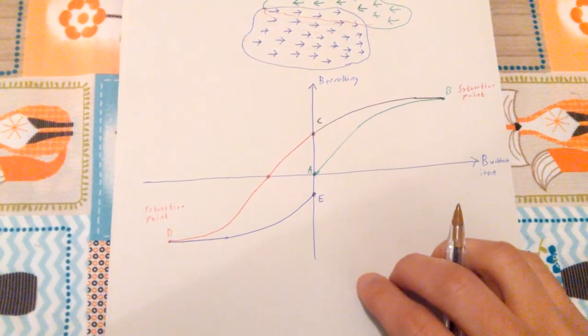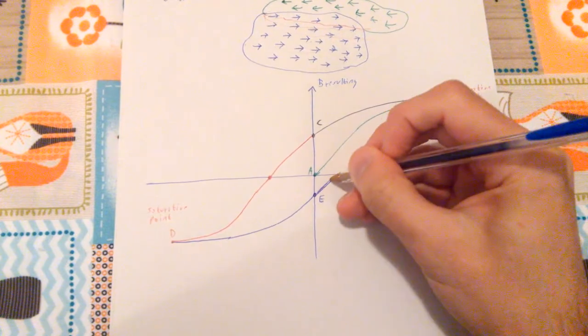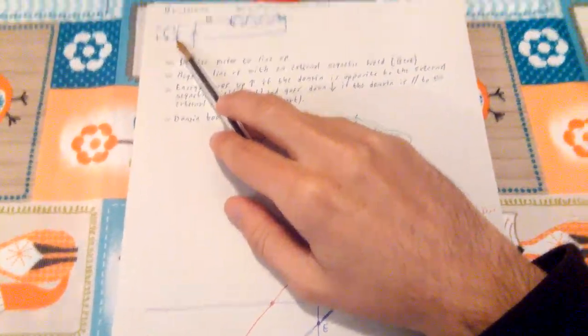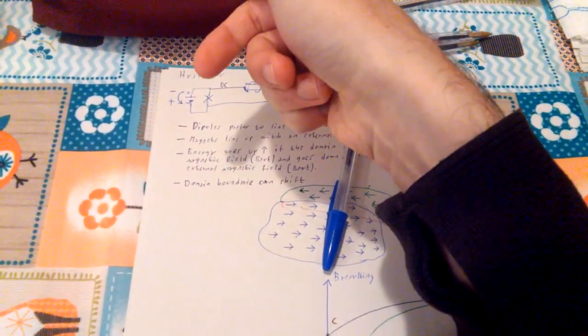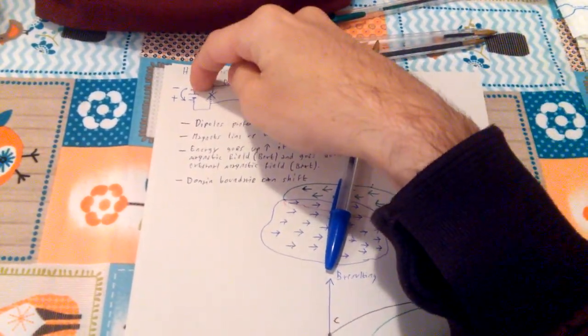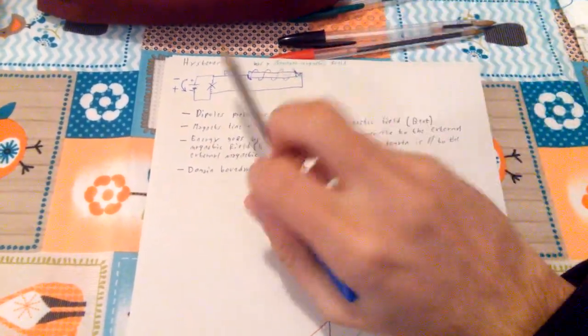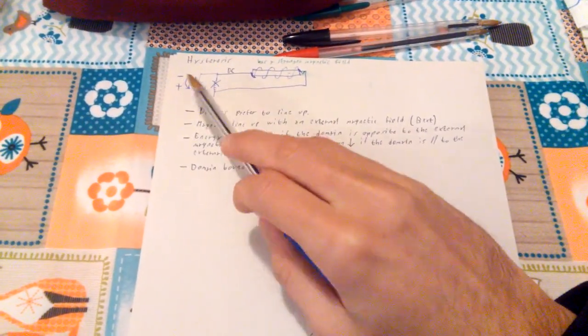like this, and if I plug my voltage source back in its original position, so I swap it again and put the positive side here and the negative side here, back to its original position, I'm going to let the current flow in the opposite direction to the other one.